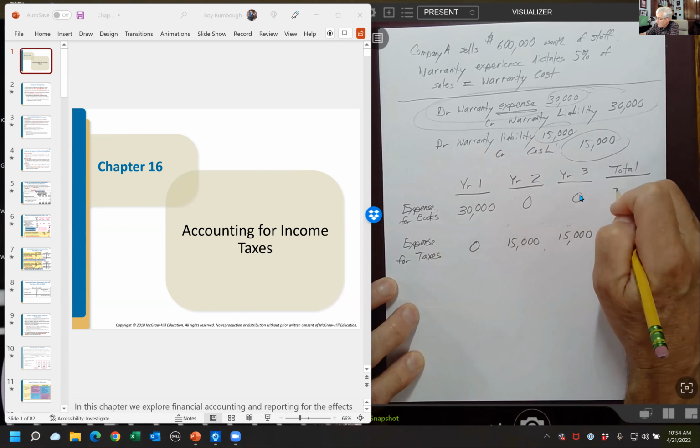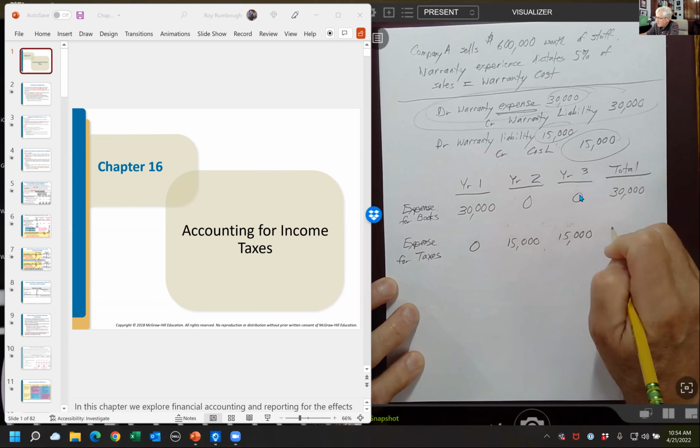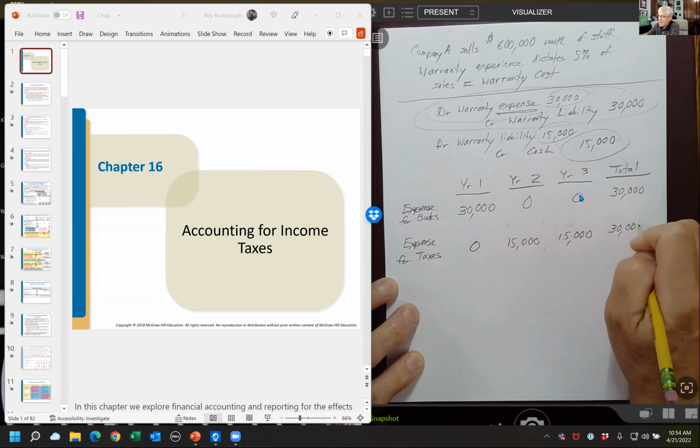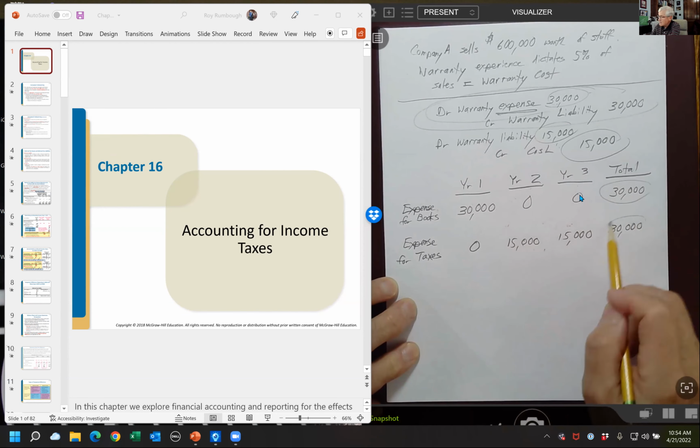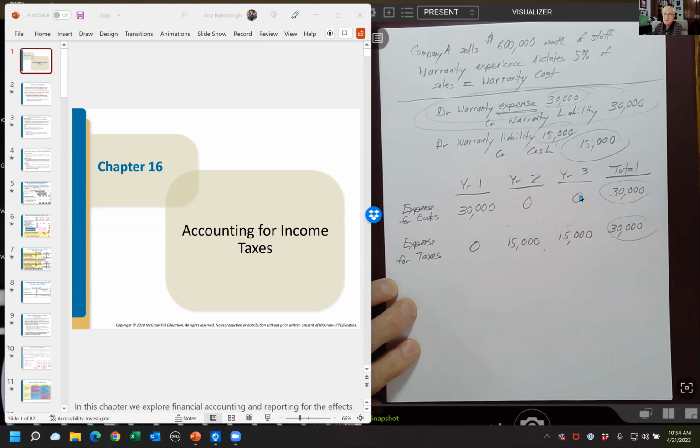And so for these items, again, just like my deferred tax liability example, the total is going to be the same. It's just timing.